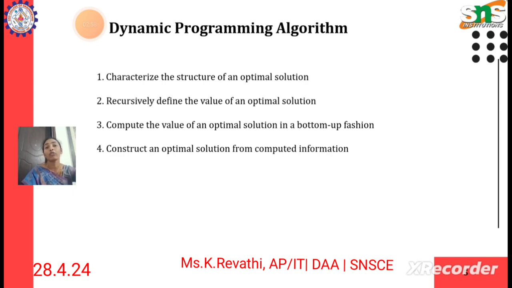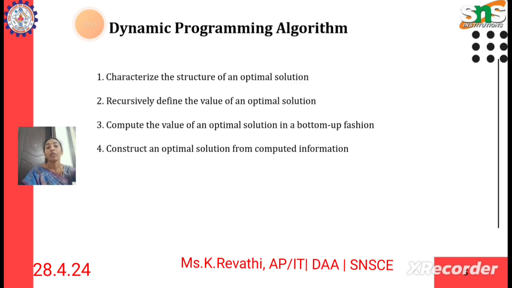Then we have to move on to the dynamic programming algorithm. The first one is to characterize the structure of an optimal solution. The second one is to recursively define the value of an optimal solution. The third one is to compute the value of an optimal solution in a bottom-up fashion. Actually, the problem has two types of approach: one is the bottom-up approach and the other is the top-down approach.